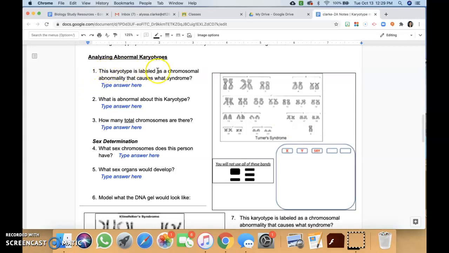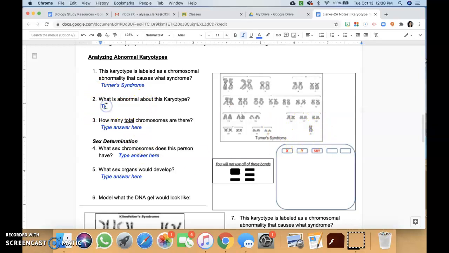So this karyotype is labeled as a chromosomal abnormality that causes what syndrome? If you take a look right here, it tells you that it's Turner syndrome. What is abnormal about this karyotype? Well, you just identified it.